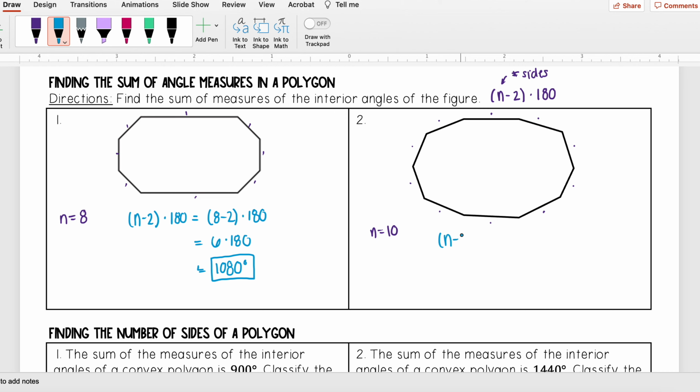So I have n minus 2 times 180. Well, my n is 10, so I have 10 minus 2 times 180. 10 minus 2, I get 8 times 180. And then 8 times 180, I get 1440 degrees.